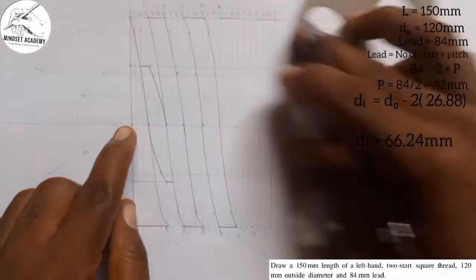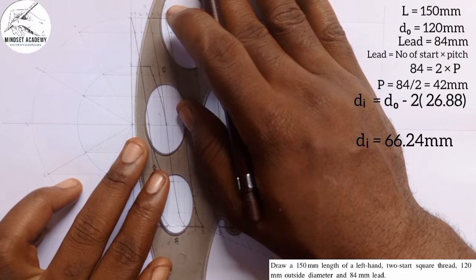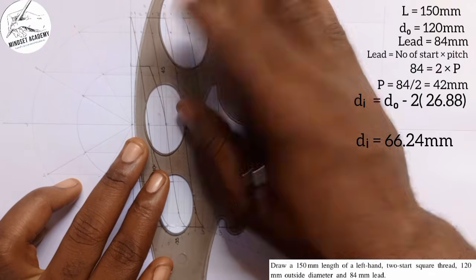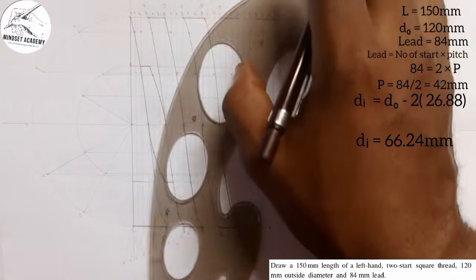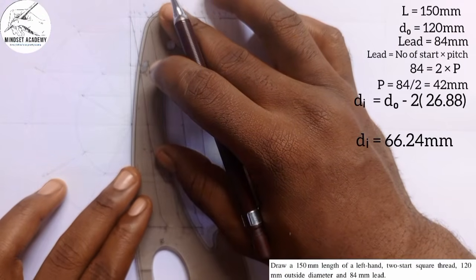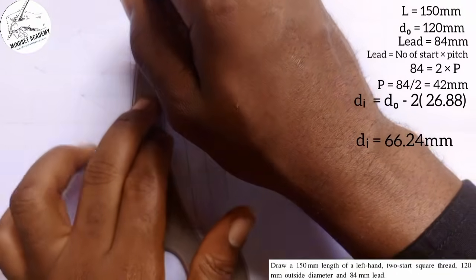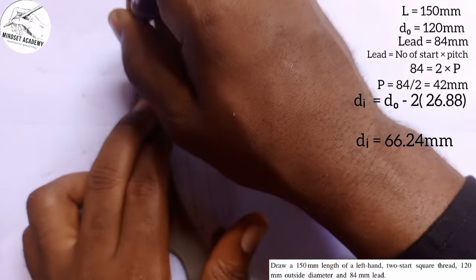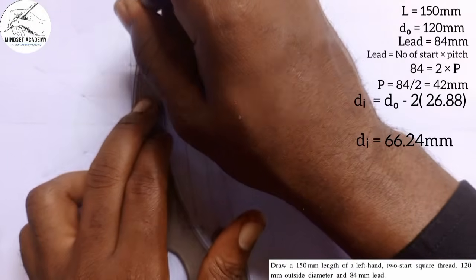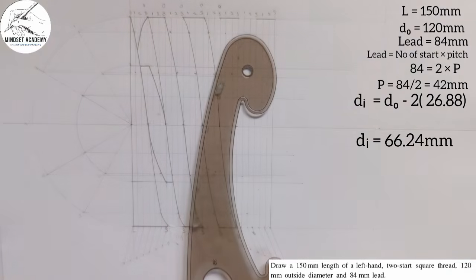So I'll be targeting those 3 points this way. I'll put it like this. Hope you can see what I'm doing. So I'll just use my French curve, connect here, and I'll stop here, because the next line here is in the figure, so it will be hidden. I don't want to draw the hidden line.